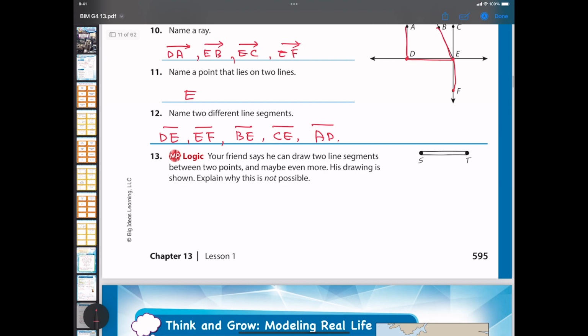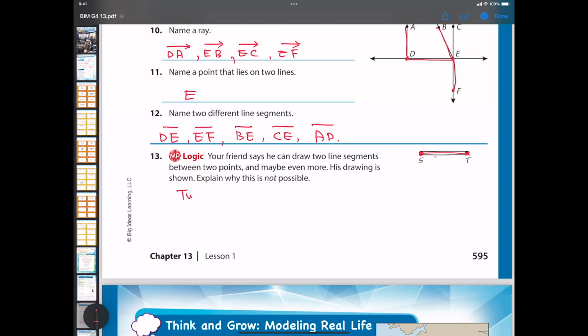Number 13, your friend says he can draw 2 line segments between 2 points and maybe even more. His drawing is shown. Explain why this is not possible. 2 points define 1 and only 1 line segment. You cannot make 2 line segments, okay? Because they have only what? 2 ending points.